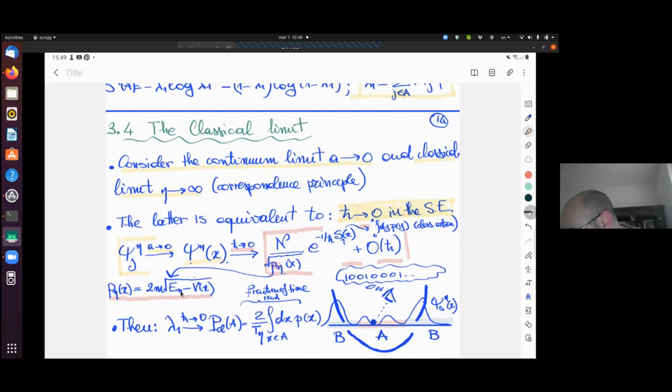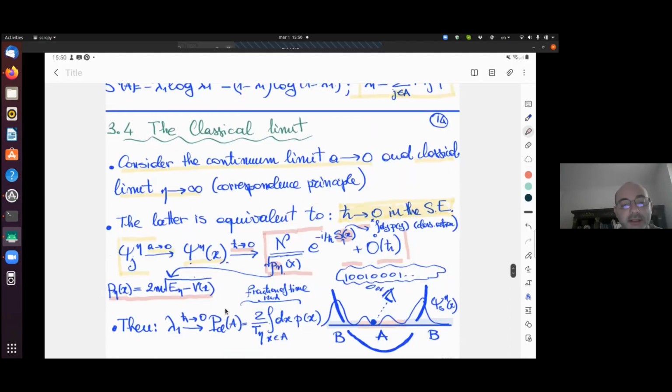And S of eta, the exponent of the WKB wave function, is just the classical action, and N is the normalization. This is true inside the classically allowed region, where also a classical particle can be found.